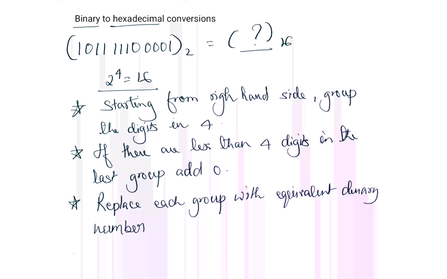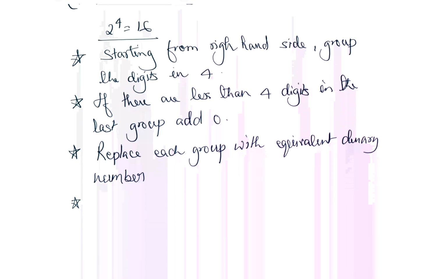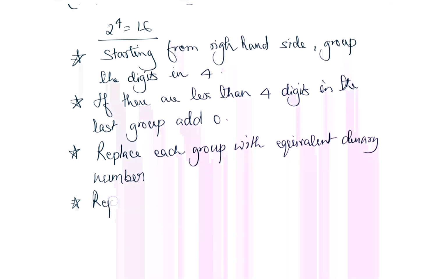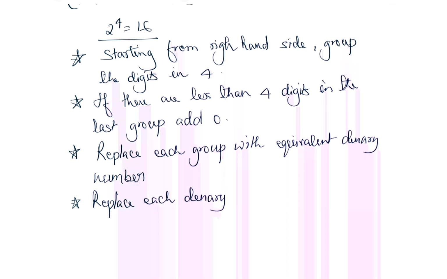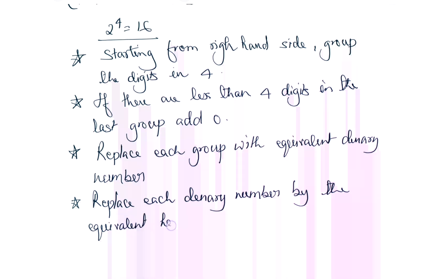And the last rule is replace each denary number by the equivalent hexadecimal number. Okay, let's see how these are going to work.